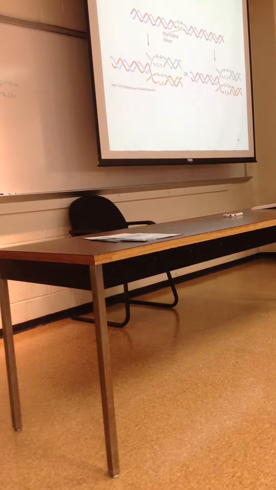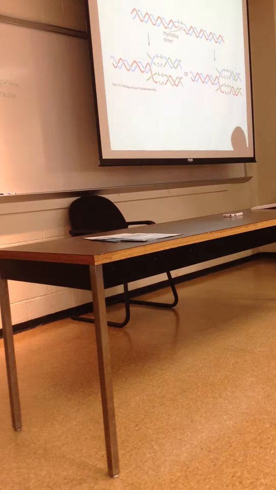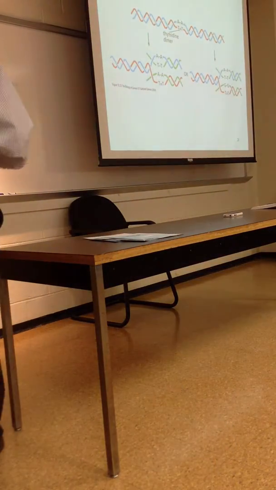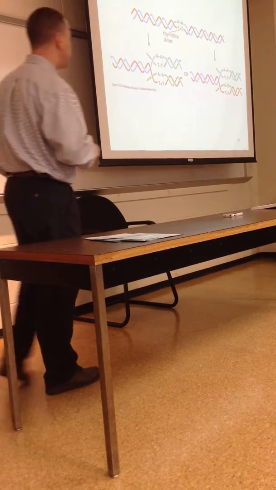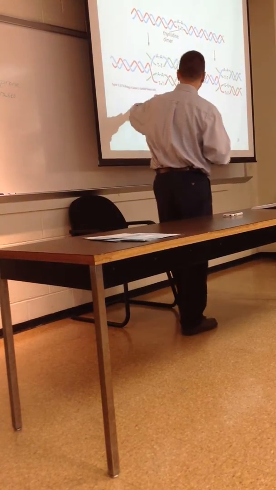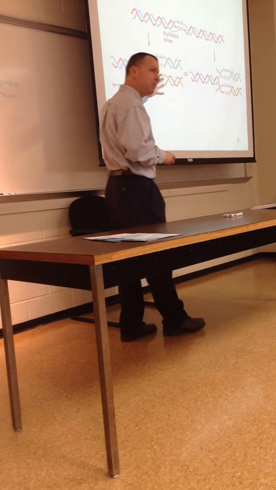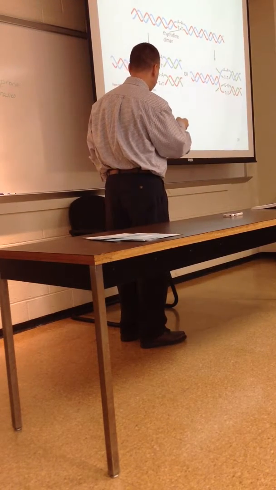But here, especially in the situation with thymine dimers, and especially if there are lots of them, if there's just one thymine dimer, then it's probably going to fix it the other way. But if there are a large number of these thymine dimers, it reverts to this error-prone repair process where it tries to use the complementary or the homologous chromosome to fix this section.